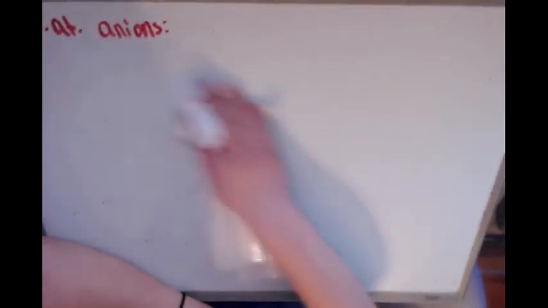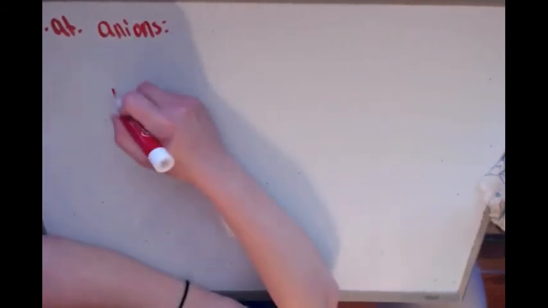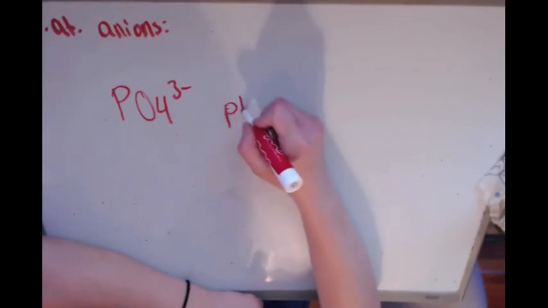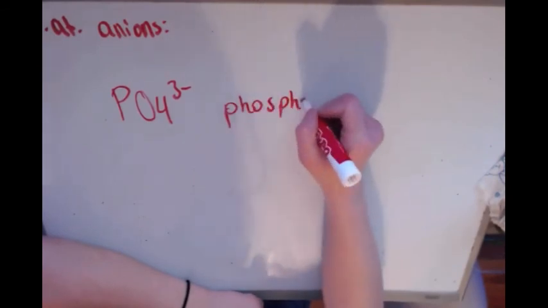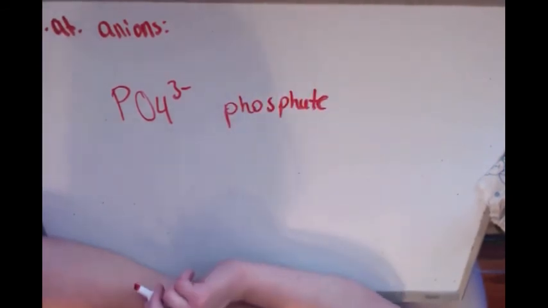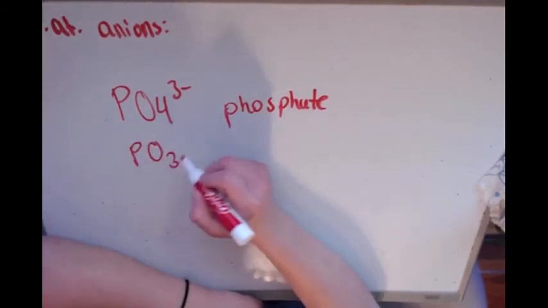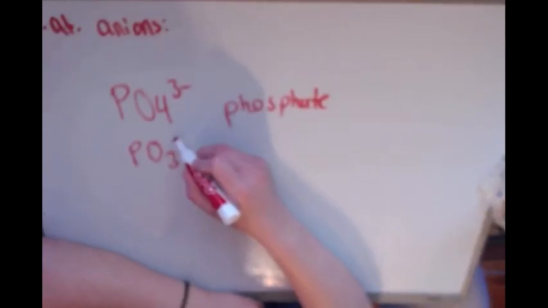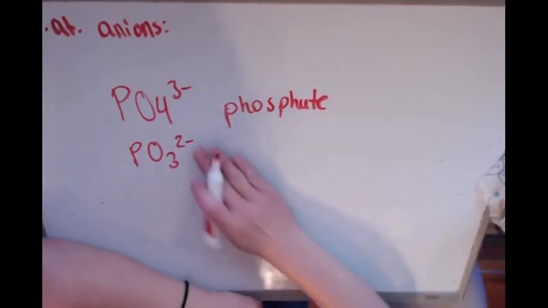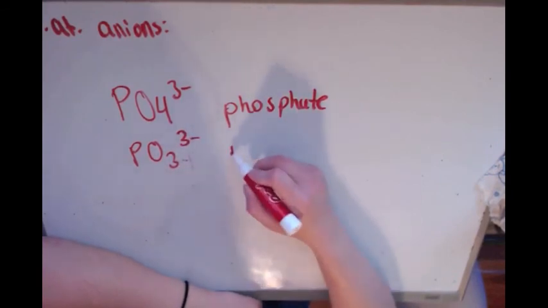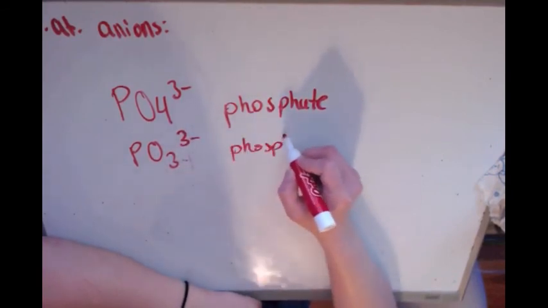And finally, you have a polyatomic anion that has a 3- charge. And that would be PO4 3-. We call that phosphate. That's the last one you have to memorize. Knowing that, you could infer that PO3 3- would be phosphite.